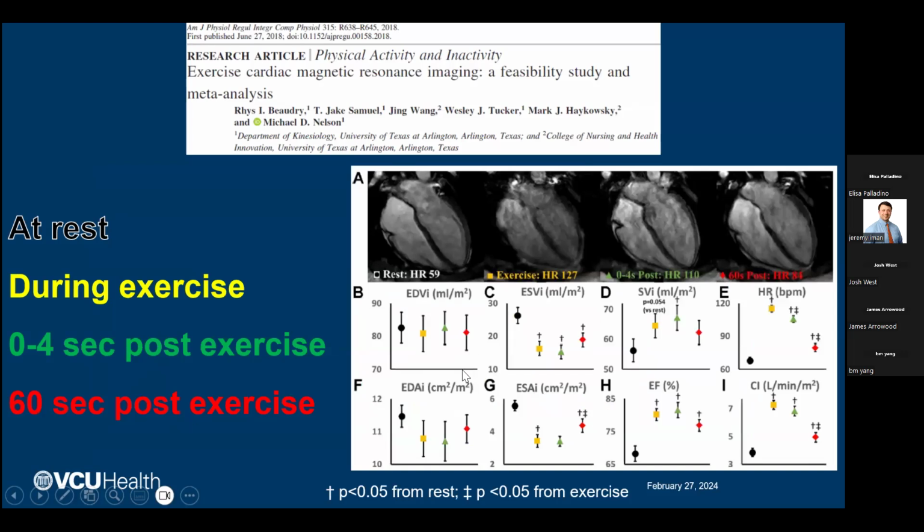And they looked at imaging patients during exercise, 0 to 4 seconds following the completion of exercise, and then 60 seconds post-exercise. And you can see that between immediate exercise and 4 seconds, there's not too much of a difference. You start to get out to that 60-second mark, and certainly there's a difference compared to rest.